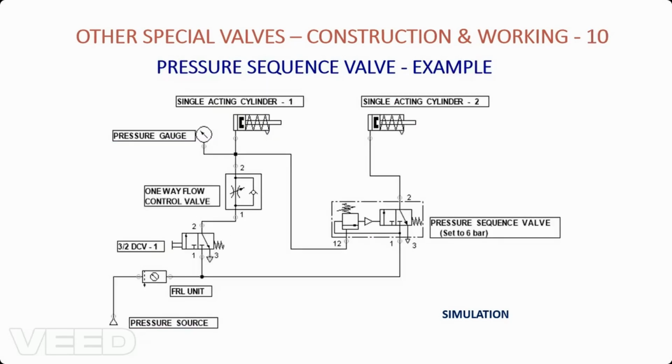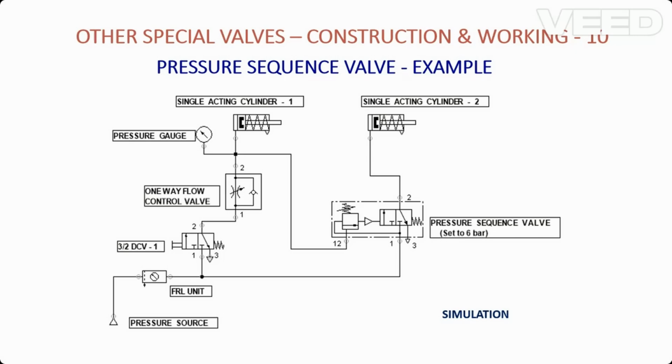And then in the pressure sequencing valve, we would be taking two cylinders, forward action and backward action, where these two cylinders need to happen one after the other. The first cylinder goes forward and then the second one goes forward. In this way, we will be making this work.